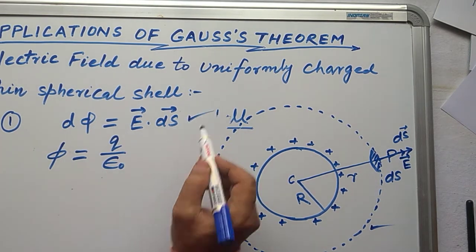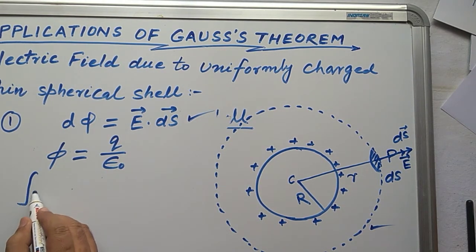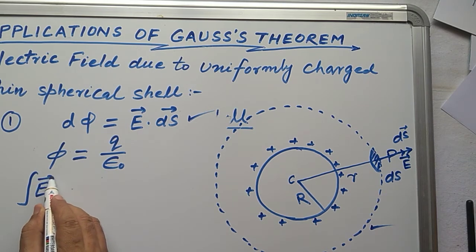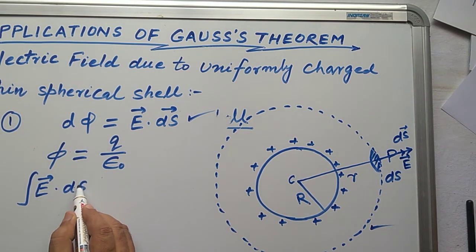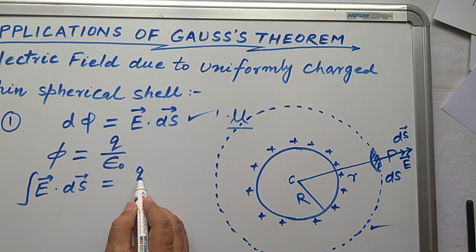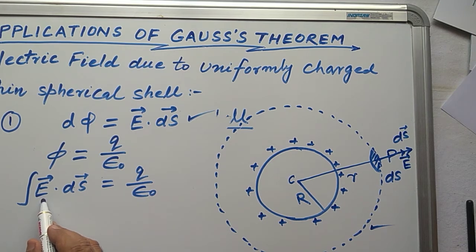So we can write integration of E ds equal to q by epsilon naught. The angle between electric field vector and area vector at this element is 0 degree.